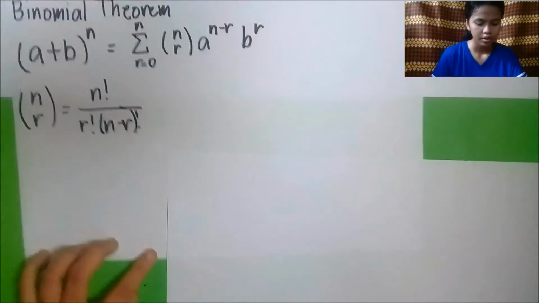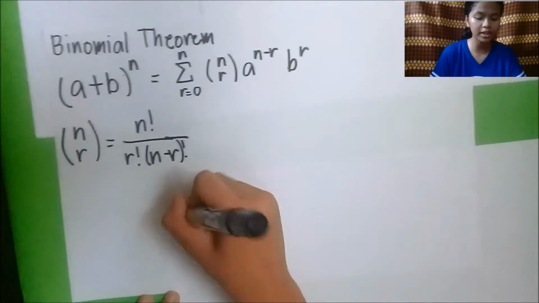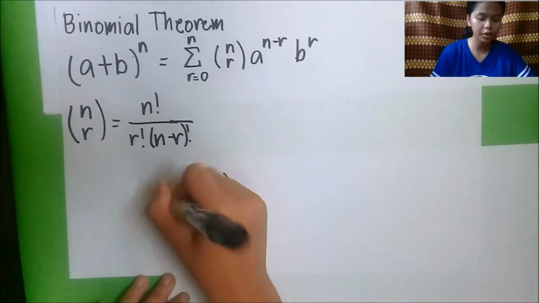So now we are going to solve one problem. This expression is the quantity a plus b raised to the fifth power.